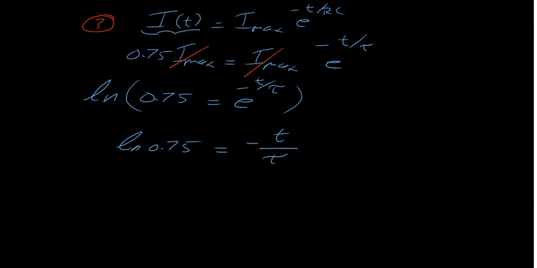Now simply t equals minus tau times ln of 0.75.